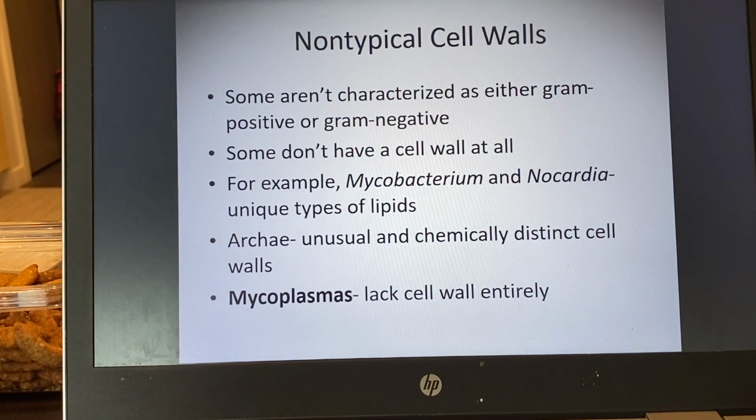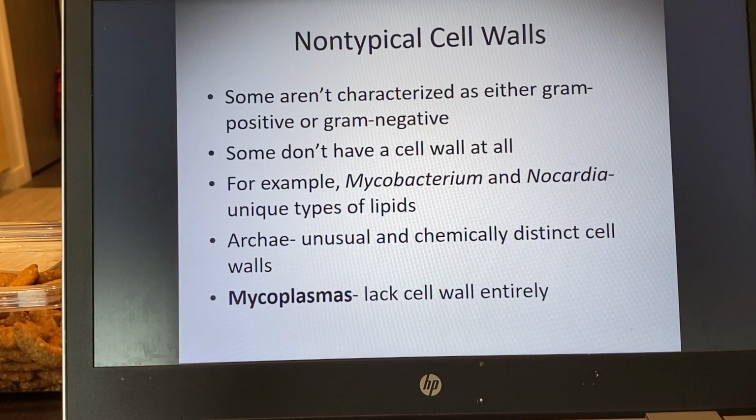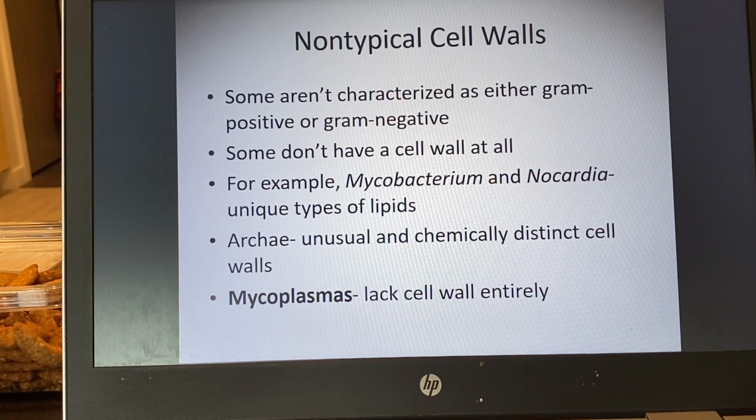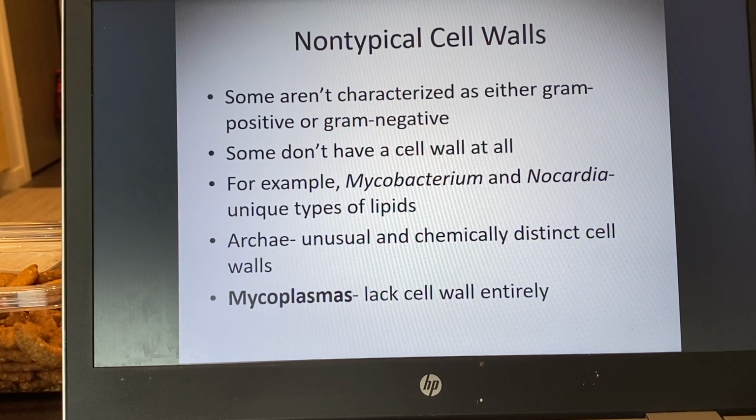And remember, that is the bacteria that causes tuberculosis and leprosy, and we have to use an acid-fast stain to force that dye inside because of those thick, waxy cell walls. So Mycobacterium, you can't really call it gram-positive or gram-negative because it wouldn't even show up on a gram stain. You have to call it acid-fast staining.